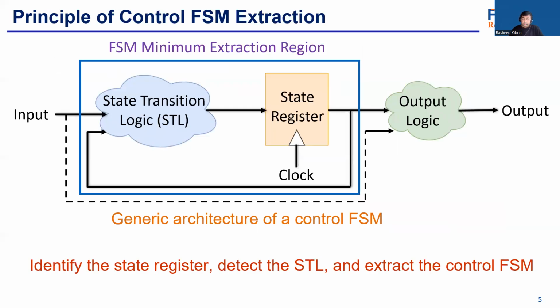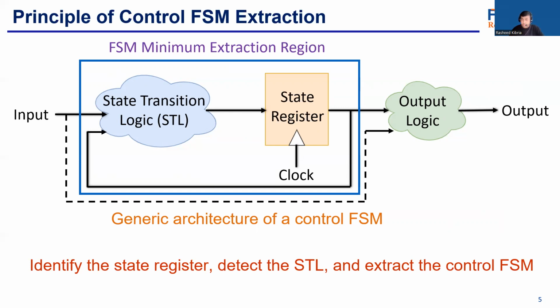Here is shown the FSM minimum extraction region, or the generic architecture of the control FSM. The generic architecture of a control FSM has basically two parts. The first one is the state transition logic, or STL, and the second one is the state register. State register is the sequential part of the control FSM.